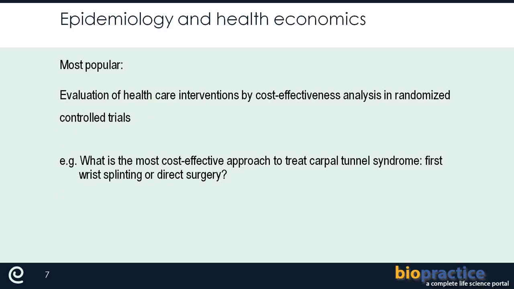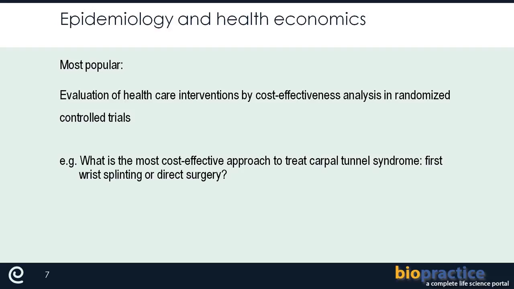And epidemiology becomes also more and more important in the context of health economics. So in the evaluation of healthcare interventions, you often do a cost-effectiveness analysis in a randomized controlled trial, and as input for that, you use disease-specific outcomes, often from the same trial.